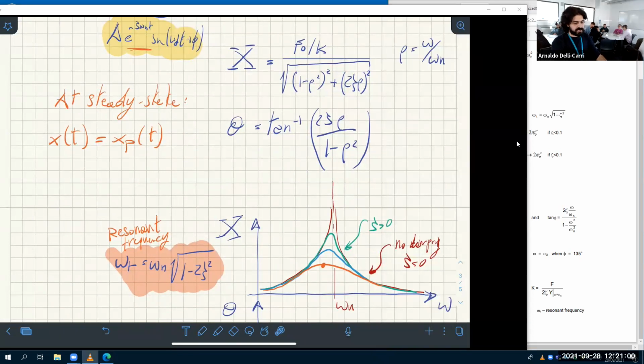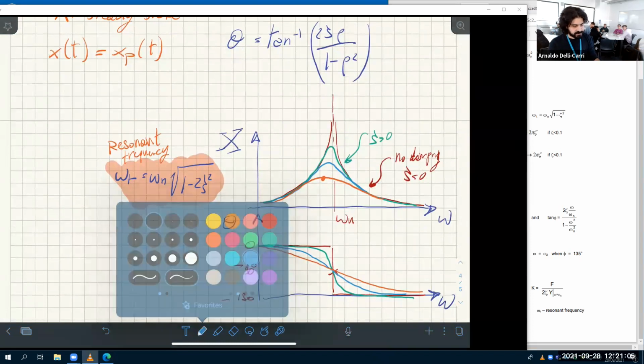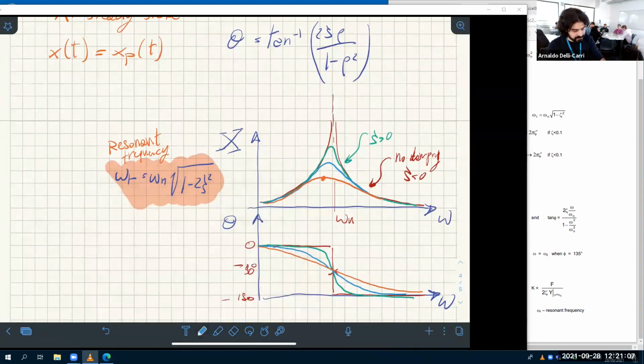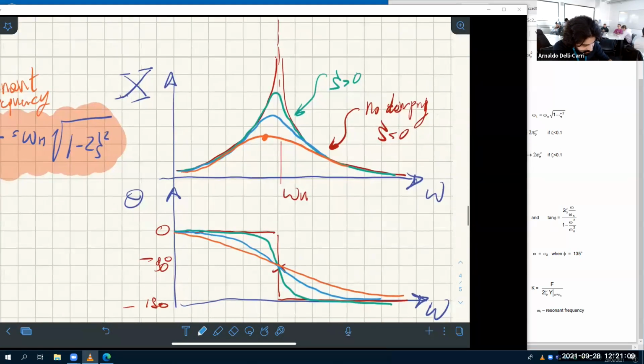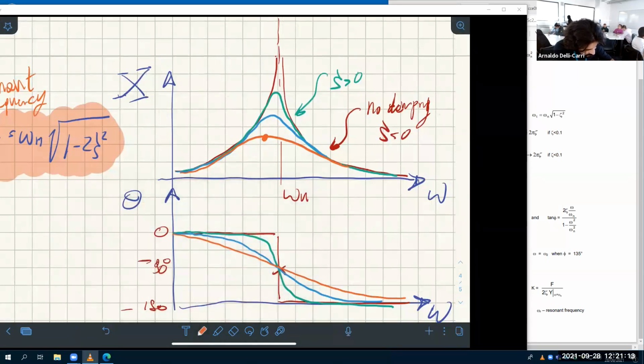Another thing that you can do here on this plot, and it's the last thing I'm going to show you. Another thing you can do on this plot is to find where is the omega that gives 45 degrees. Look at this. If I say this is minus 45, and this is 135, minus 135, I can intercept this, and I can intercept this.